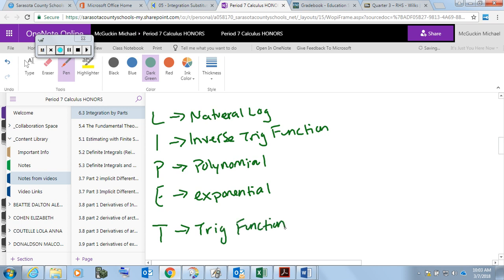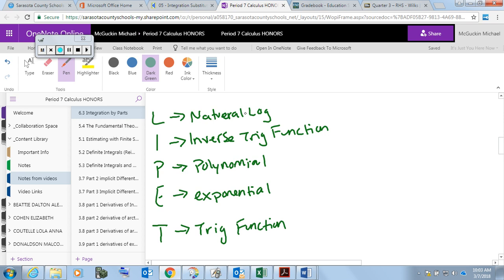So let's go through these. In our last example, we chose U to be x. Well, why did we choose x over the cosine of x? Think about it. In our LIPET acronym, the P for polynomial comes first as an option before T, the trig function, comes into play. So that's what we chose, x for polynomial. That comes first in our choices versus the trig function.